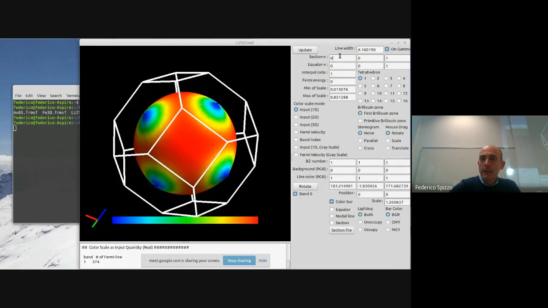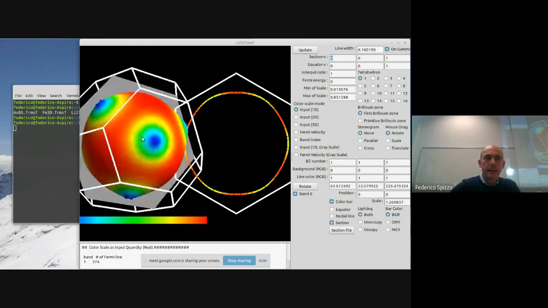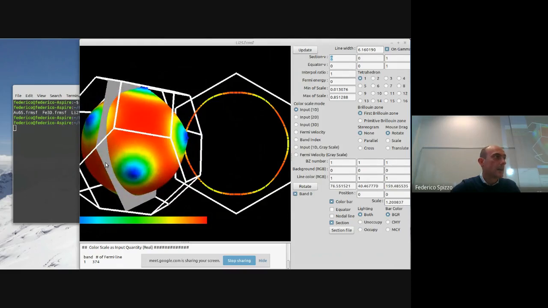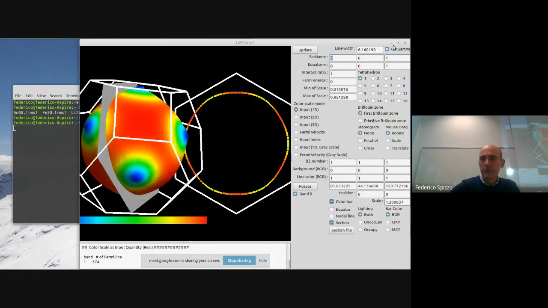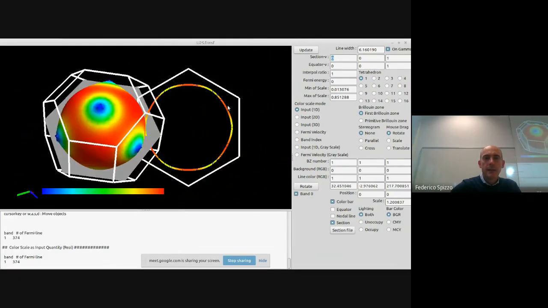So let's see the section. If you make here, there is an intersection, you see that in gray, this is a plane that intersects the Fermi sphere. In this case, what you see here is just the path, the trajectory corresponding to the intersection.